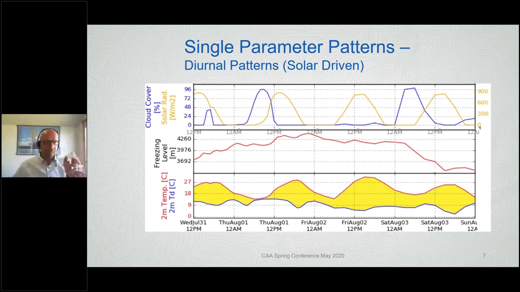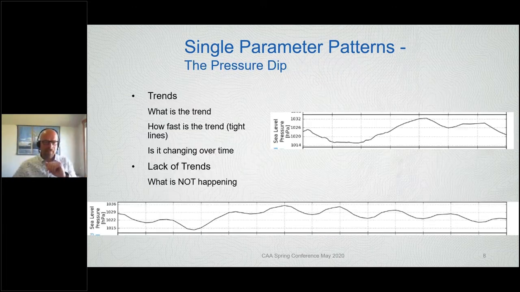And going over to the second most important pattern that you should recognize, that is the pressure trend. Also recognize that in the transition seasons and certainly in the summer season, the pressure will also show a sort of diurnal undulation, like you see here in the bottom of those diagrams, coming from pressure being reduced during the daytime by hotter temperatures.